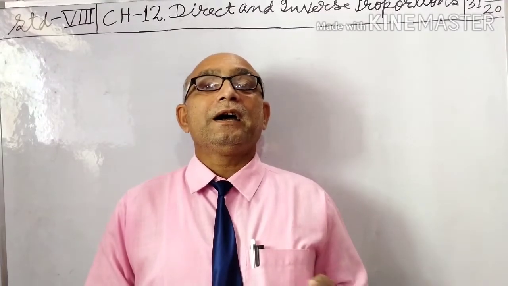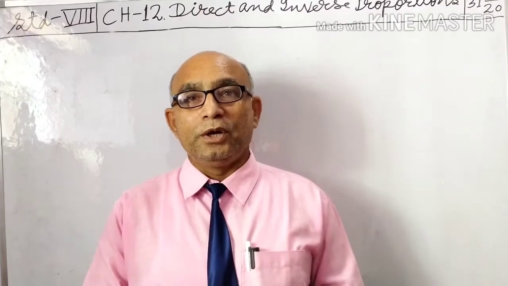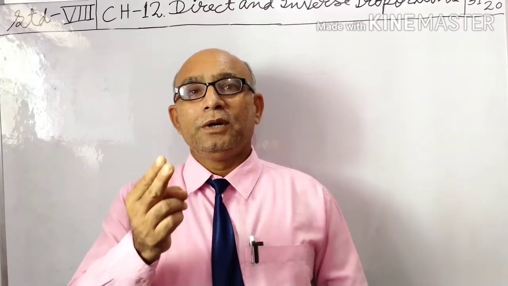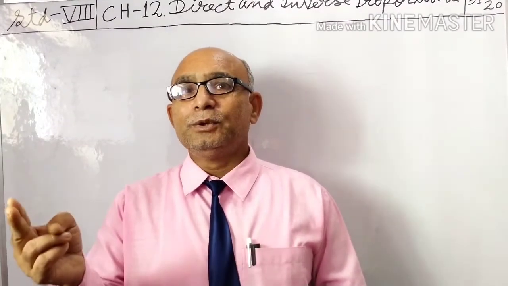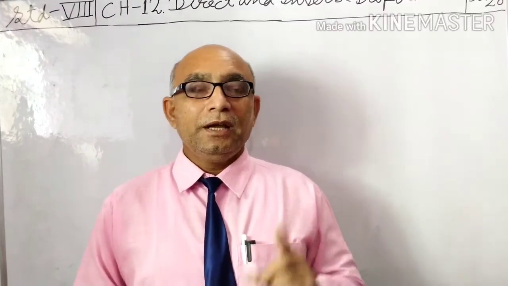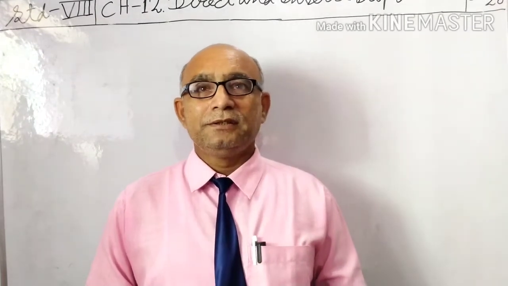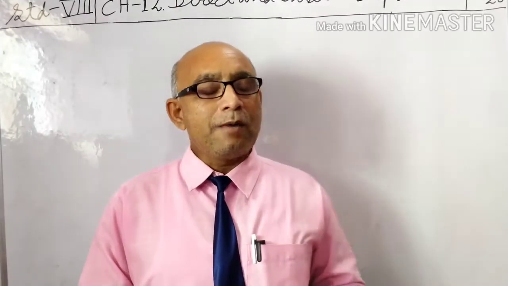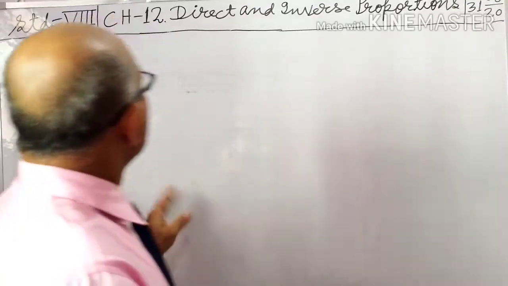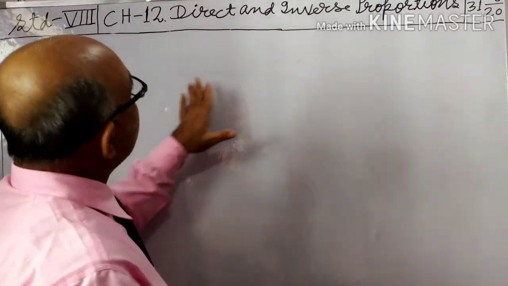So then the cost of 20 pens is 2 into 20, which is 40. Here, the number of pens increases, cost also increases. Number of pens decreases, cost also decreases. So we have to learn here direct variation.